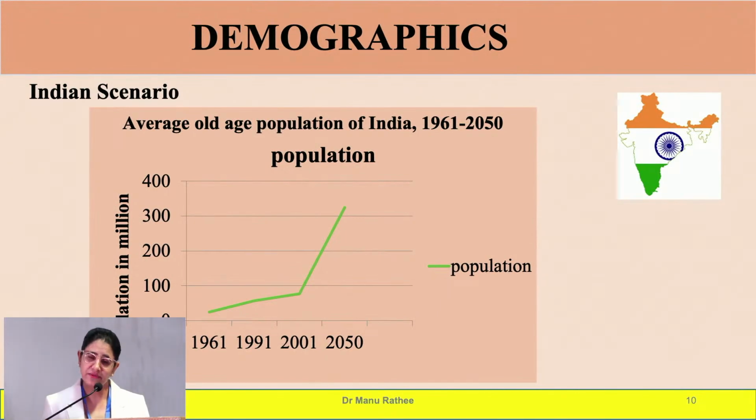If we look at the demographics specifically for our country, after the turn of the century from 2001 to 2015, the graph clearly indicates a very steep rise.